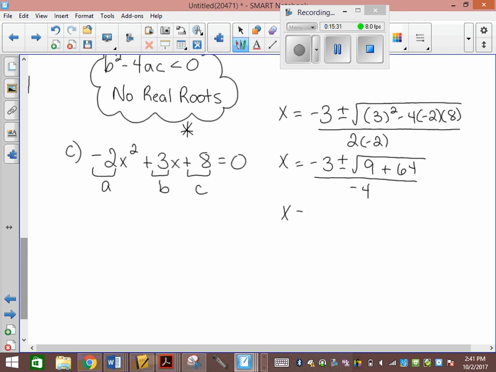And so now we have x equals negative 3 plus or minus the square root of 73 over negative 4. If I wanted it as a decimal, you would split it up now. But if I say exact values, you're actually done, because the 73 cannot be broken down anymore.